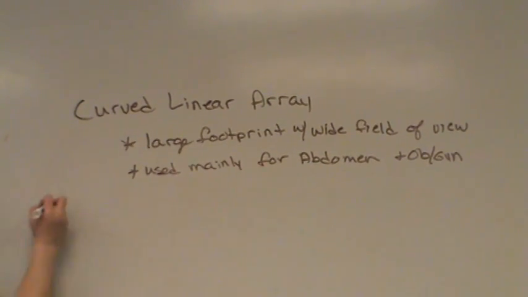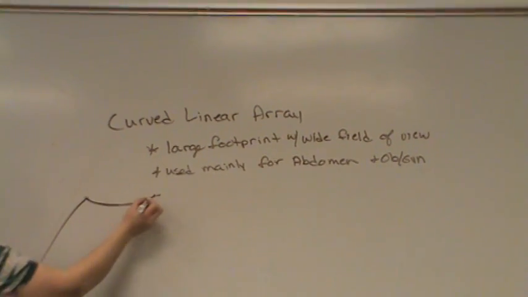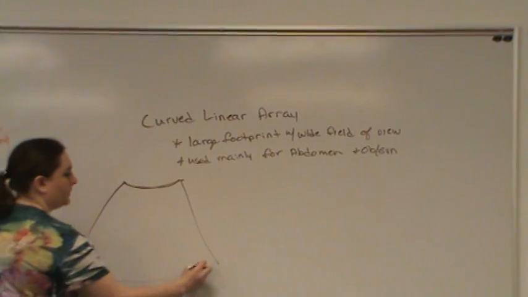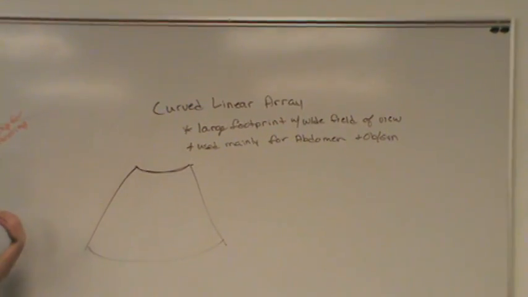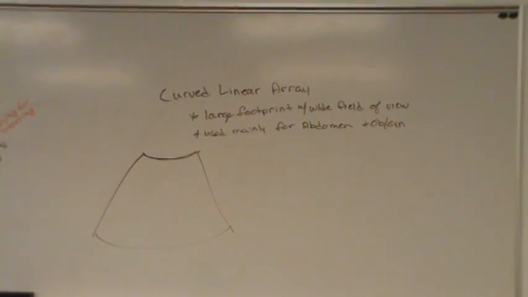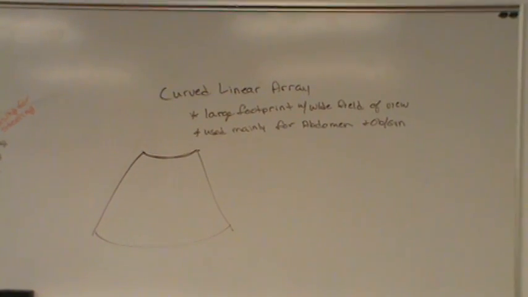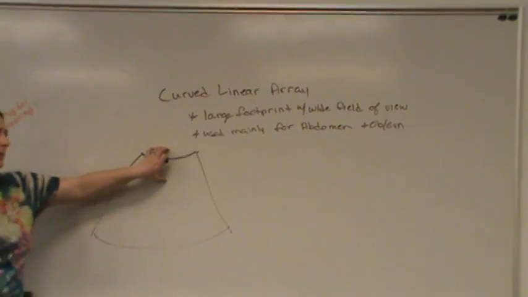So that's the one that makes this kind of shape. Very wide field of view, especially in the near field compared to the sector. In the sector, everything comes to a point, so we have this very narrow field of view in the near field, where this one we have a much wider field of view.